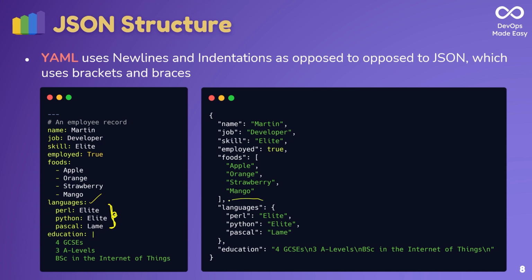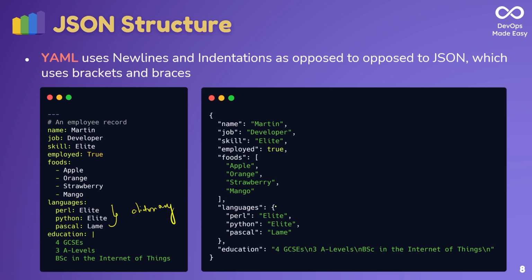If you see clearly, this complete part which we are saying is the value for the languages key is again a dictionary because it has a key and a value, key and a value, key and a value. We know that key value pairs are nothing but a dictionary.